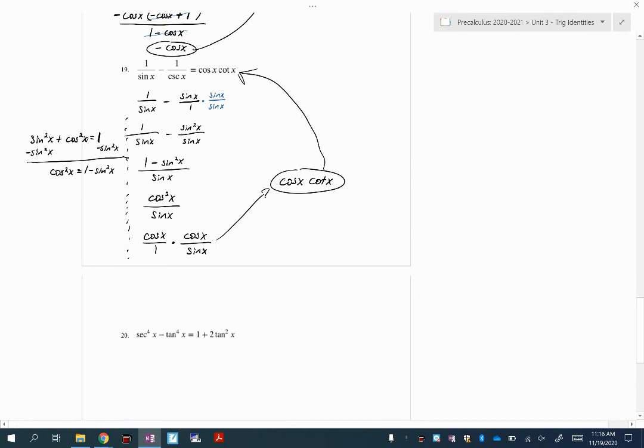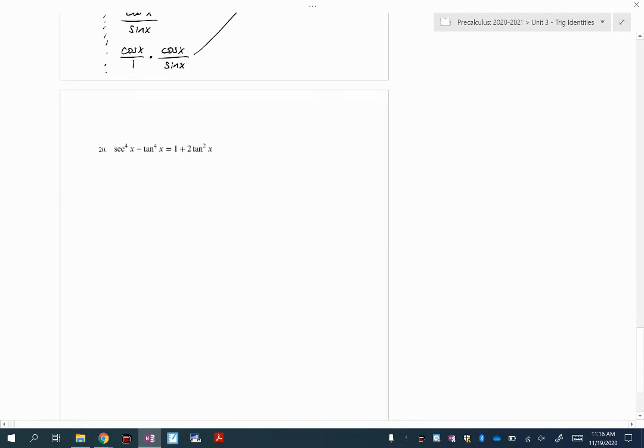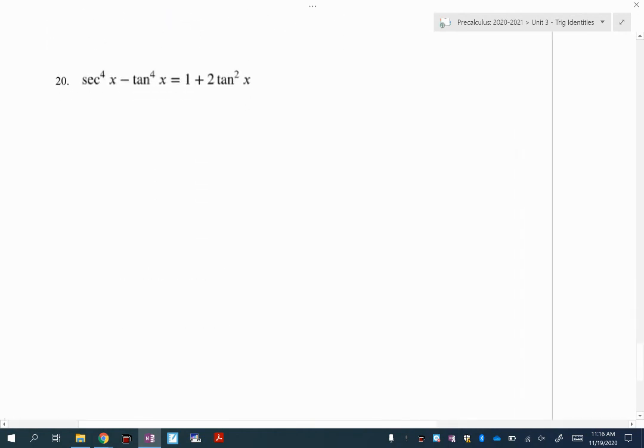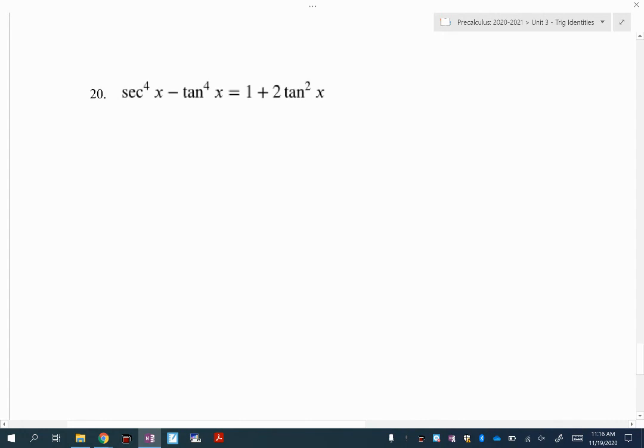All right, let's go to number 20. Last one. Now, when I look at number 20, again, they kind of look a little similar in terms of how much stuff they have, but I see secant to the 4th power of x minus tangent to the 4th power of x. That is the difference of 2 squares. So I'm going to factor the left side to be secant squared x minus tangent squared x times secant squared x plus tangent squared x.